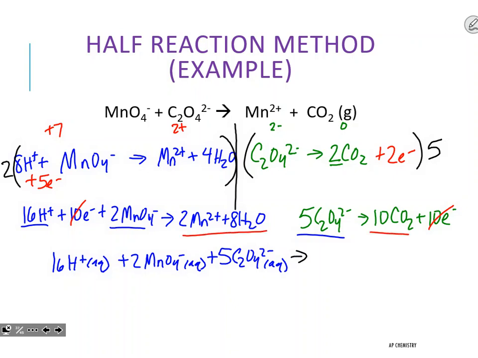Going to our products, 2 Mn2+, ion gets AQ, 10 carbon dioxides, a gas. And we need our, I don't know what I just wrote there, but that's okay, we'll fix that. Gas plus the, what, 8 waters?